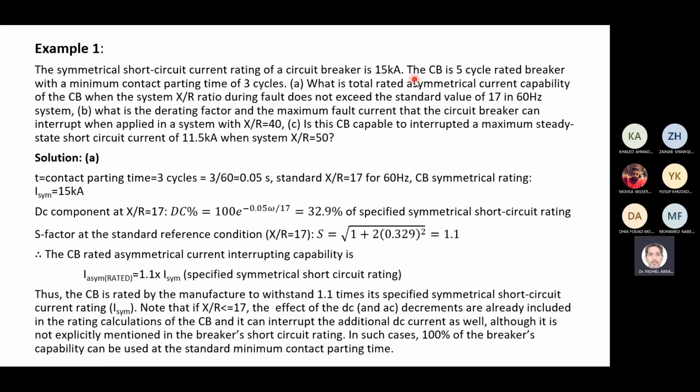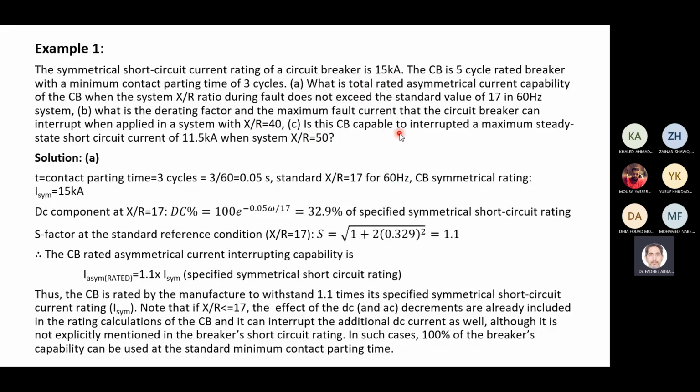So can this breaker still break 15 kilo ampere, or does it have to be derated? The question here is, I want the derating factor. Instead of its ability to break 15 kilo ampere, it will be derated to maybe 11 kilo ampere because it will be used for a higher X to R ratio.